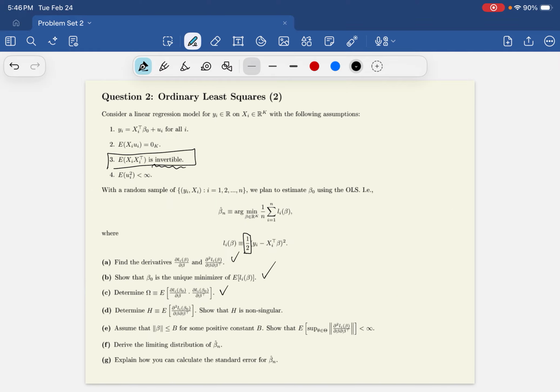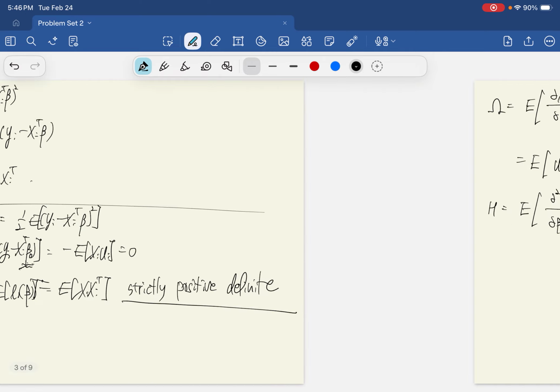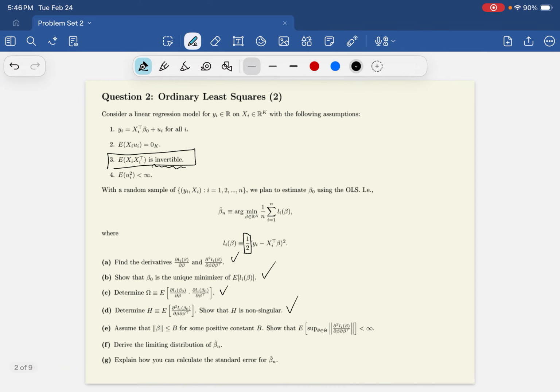We did part C and part D. So easy. H is defined as the second derivative at beta 0, but we saw that the second derivative does not depend on beta. It is the expectation of xi xi transpose, and by the assumption it is non-singular, so nothing more to do.